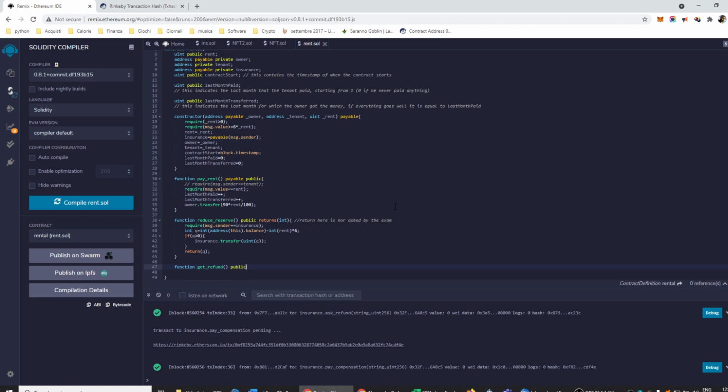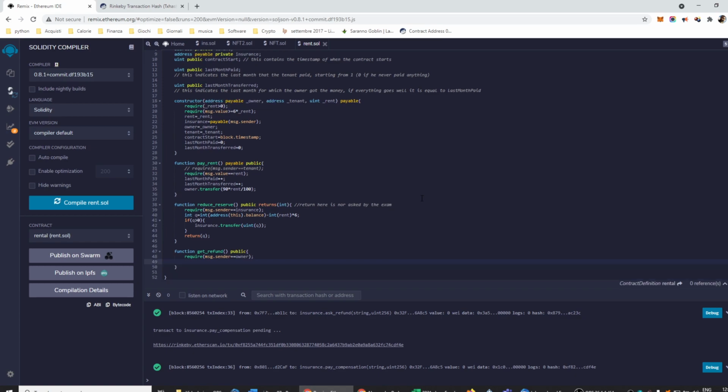Public. Require message sender equal owner. It can be called only by the owner. So block timestamp minus contract start divided by 30.